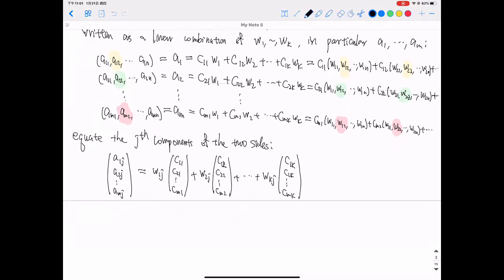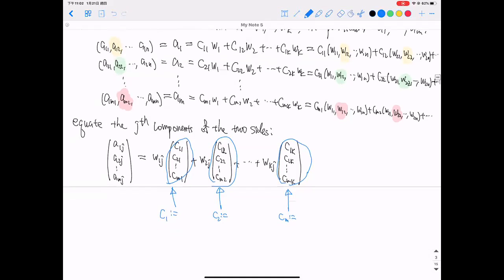Now, let's interpret what we get. Each of these is a column vector, an m-dimensional vector. Let's call these C1, C2, and so on through Ck.